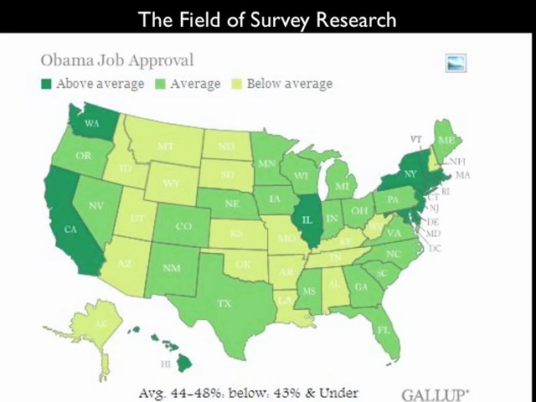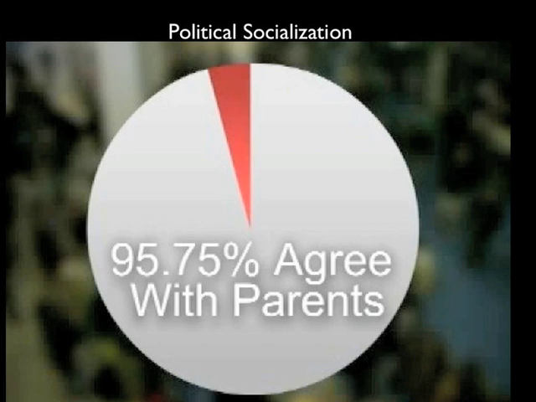Data can be gathered by conducting polls across specific sections of the population, as the Gallup organization does. Studies of political socialization. Studying political socialization, the process by which people gain their political attitudes and opinions, can also be used in predicting voting behavior.